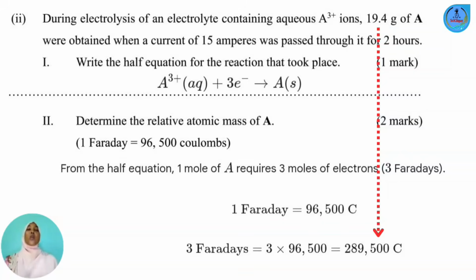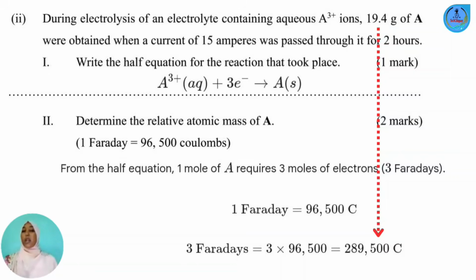So our current is going to be 15. The time is going to be in seconds. If we were to convert 2 hours into seconds, we will take 2 multiplied by 60 multiplied by 60, right?